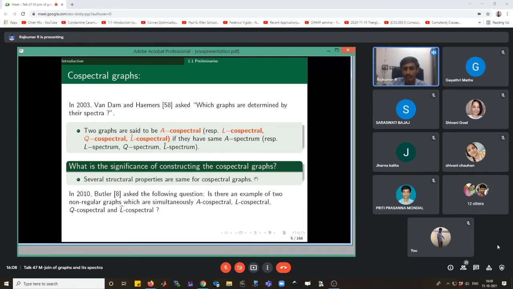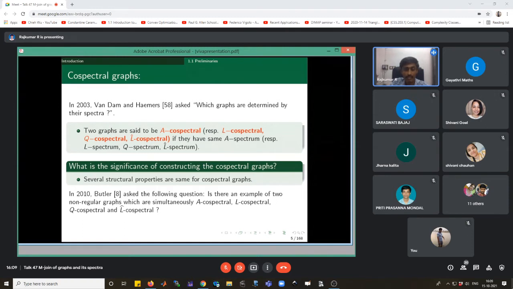Of course, the definition of co-spectral graphs is simple: two graphs are said to be co-spectral, and respectively L co-spectral, Q co-spectral, L-cap co-spectral, if they have the same A spectrum, respectively the other three types of spectra. Several spectral properties of graphs are the same for co-spectral graphs. This shows the significance of constructing these co-spectral graphs, and consequently several papers appeared in this direction for the construction of various types of co-spectral graphs.